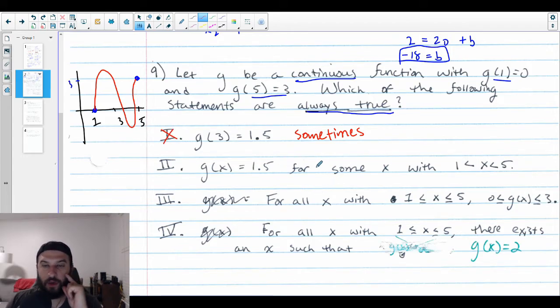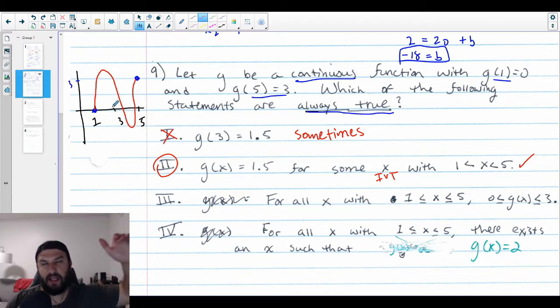G of x equals 1.5 for some x between 1 and 5. Yes, that's exactly what the intermediate value theorem tells us, so that would work. Thank you, IVT. Next, for all x between 1 and 5, g of x has to stay between 0 and 3. No, that's not the case. Think about our plane analogy, I could go way up above and way down below as long as I'm continuous between.